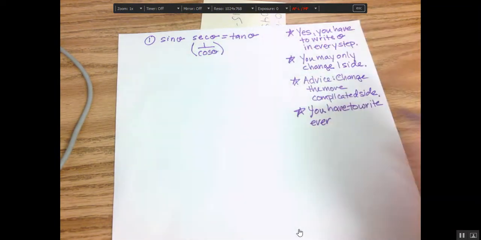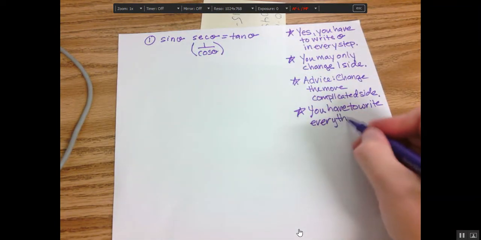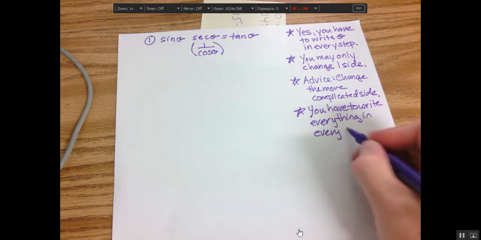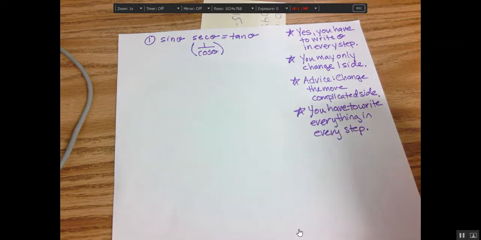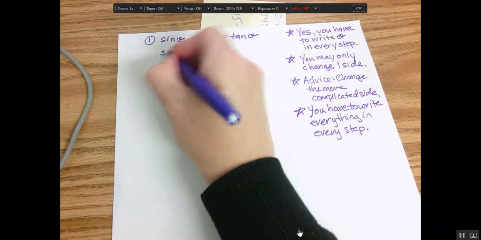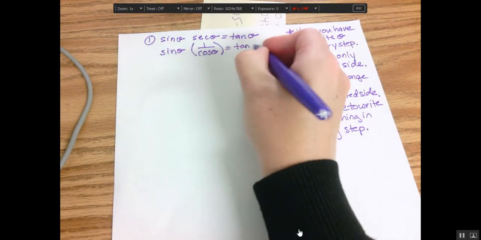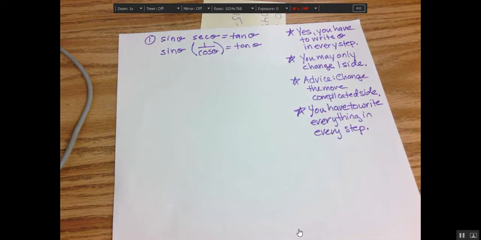I can't just write that; I have to write everything. I have to write the sine theta and the equals and the tan theta. Could I combine sine theta times 1 over cosine theta into one fraction?